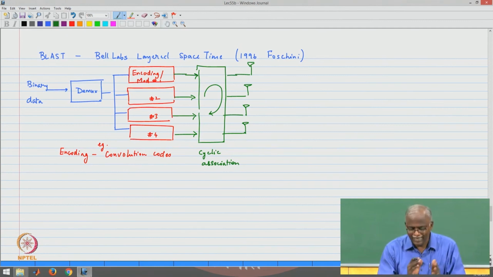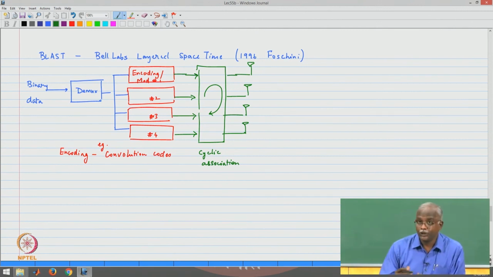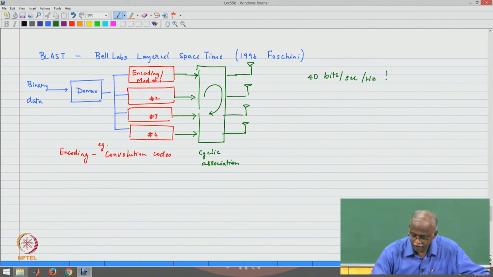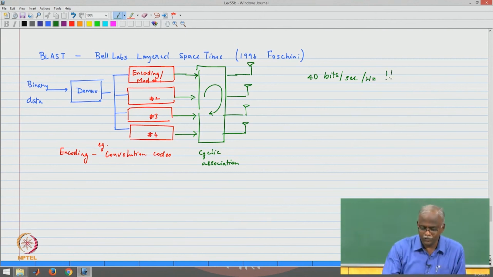So, basically one of the simple forms of MIMO transmission is the BLAST technique, which was first introduced in 1996, and showed that we could achieve very high spectral efficiencies. In fact, it was even shown that you can achieve as high as 40 bits per second per hertz. Okay, so, very high spectral efficiencies using this structure.